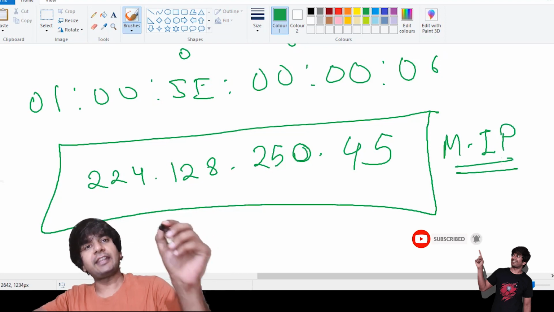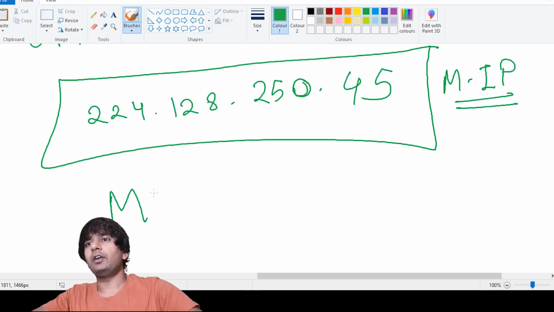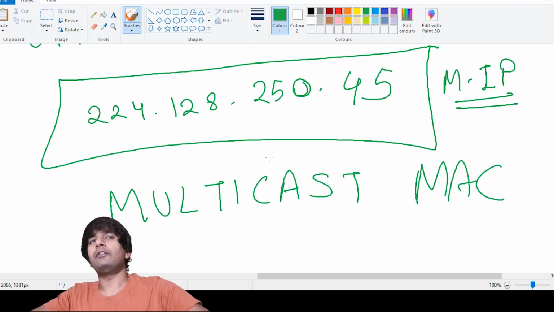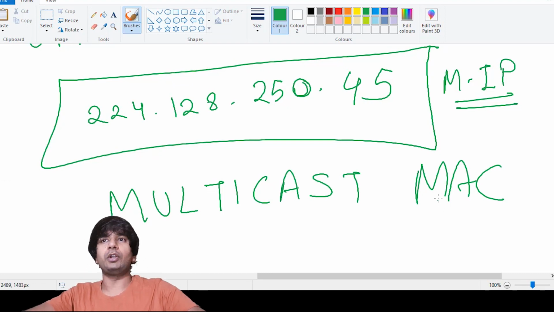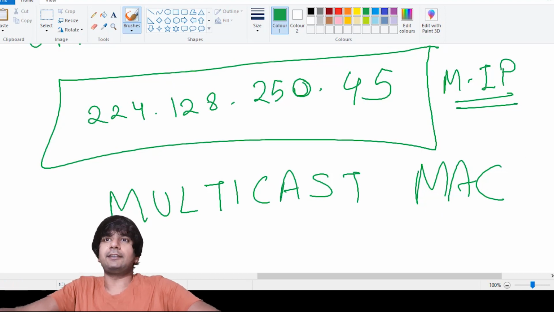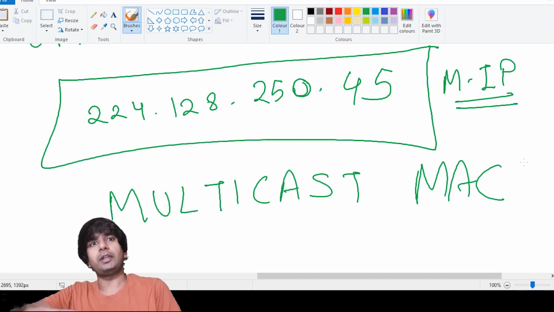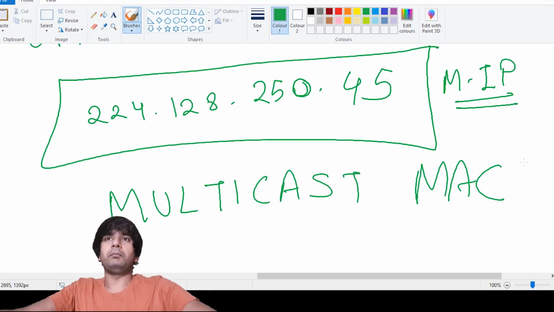You have to tell me in the comment section what the multicast MAC address of this multicast IP address will be. I'll be waiting for your response. Please comment below and let me know whether you understood it clearly, because understanding the concept is the ultimate goal for all of us. When I get confirmation that you can calculate or convert and that you learned it, I'll feel more satisfied.